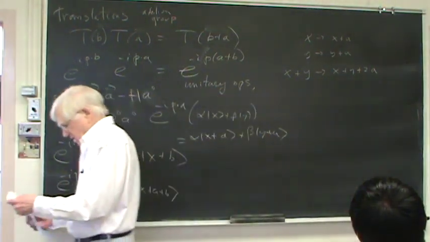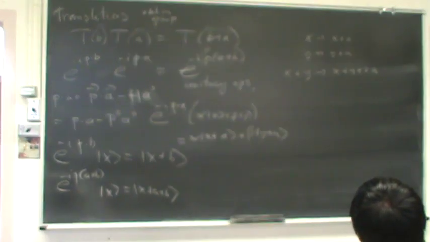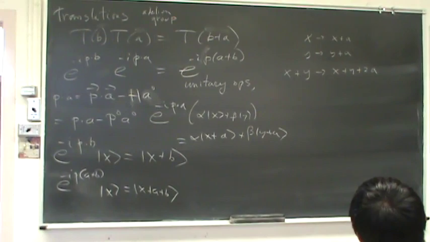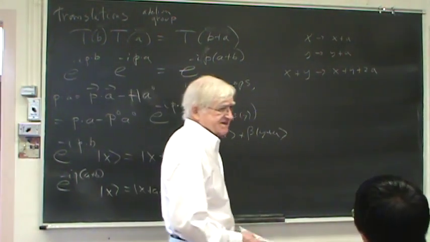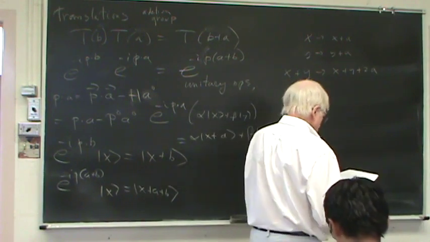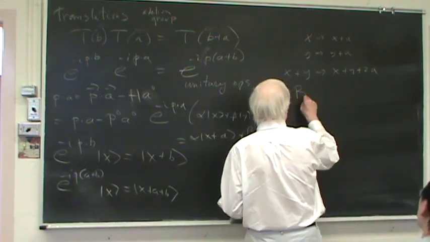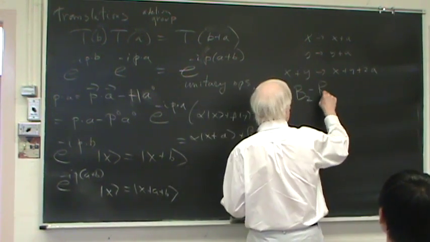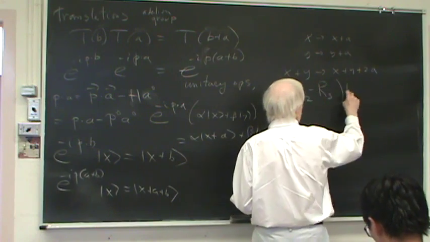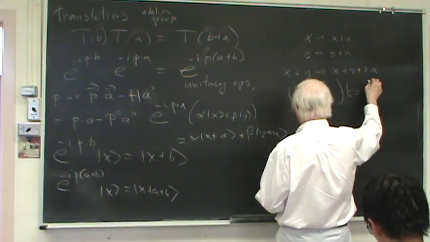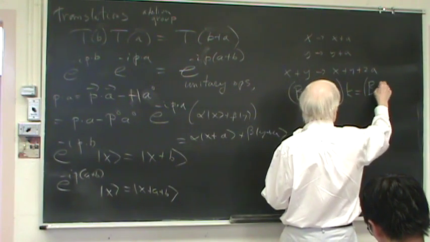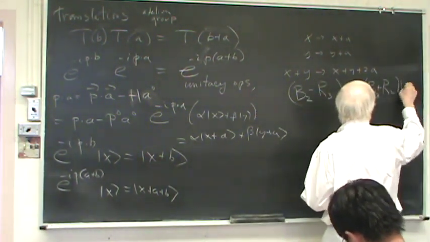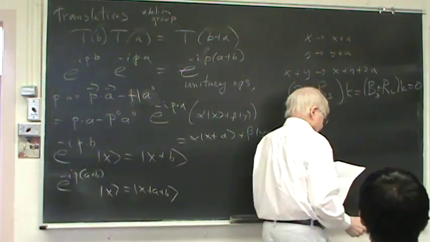All right, let me go back to the massless case now, just very briefly. Last time we had B2 minus R3 on my k vector, and B3 plus R2 on k, and both of these were 0.